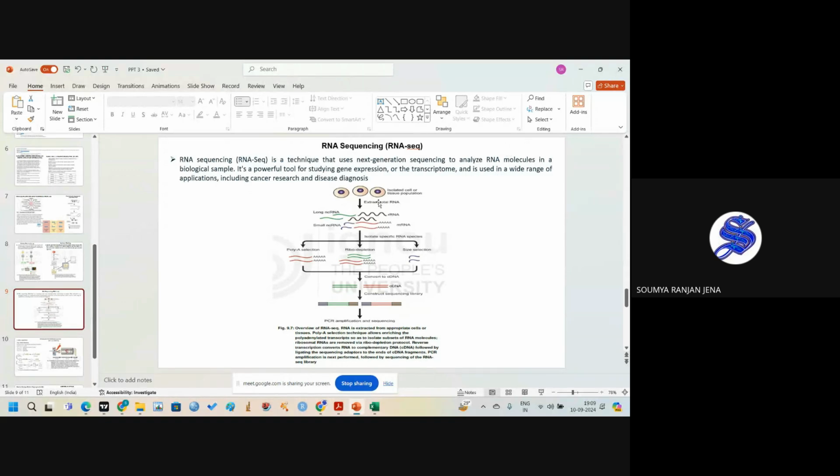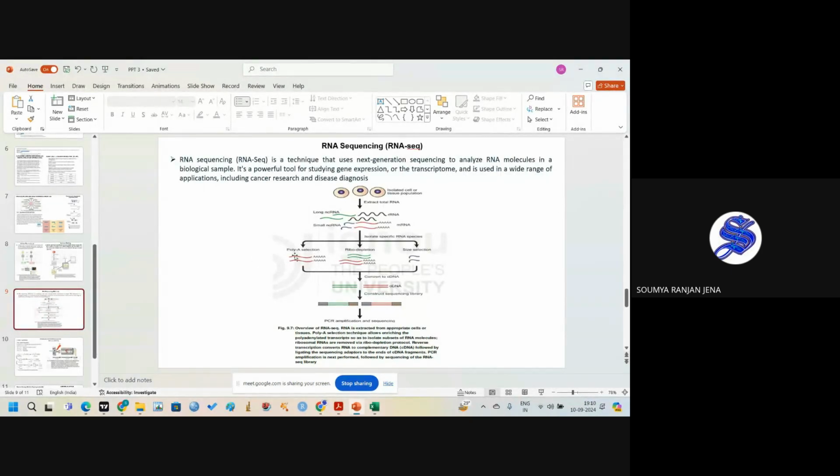In RNA sequencing, from an isolated cell or tissue population, you extract the total RNA, and in the total RNA you will find all the transcripts: long non-coding RNA, rRNA, small non-coding RNA, and mRNA. In this extraction, a high abundance of ribosomal RNA is found, which hinders the small non-coding RNA, so you have to degrade the ribosomal RNA.